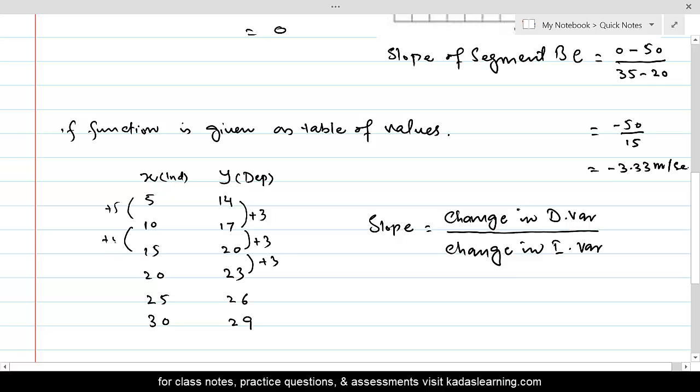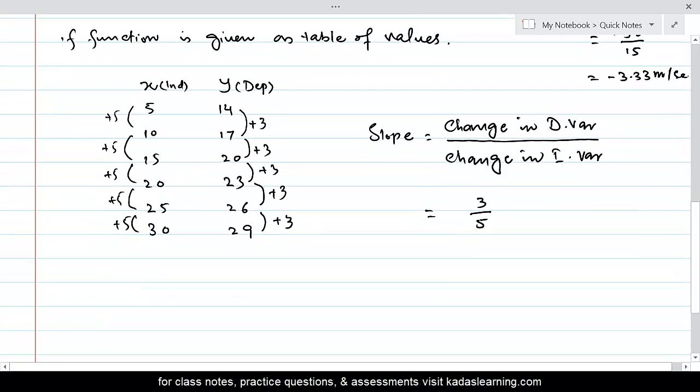So let's label all these increments +5, +5, and +5, and you can see that for equal change in the independent variable, there is equal change in the dependent variable. It doesn't matter whichever two points you take, the change in dependent variable over change in independent variable is 3/5, which is the slope. For a linear function, this must be a constant.